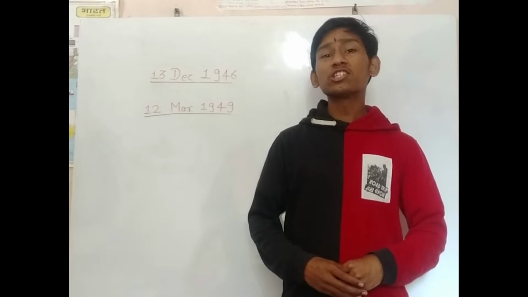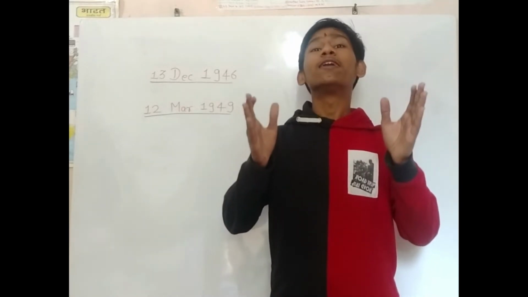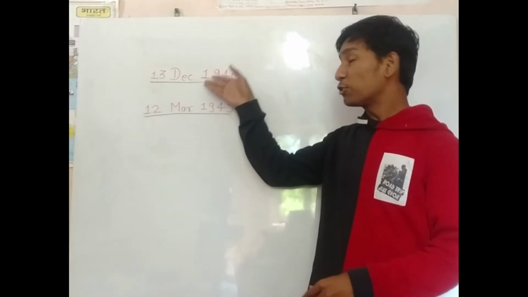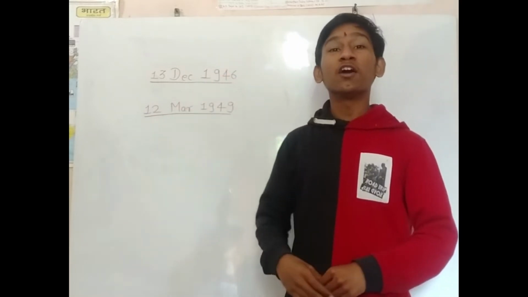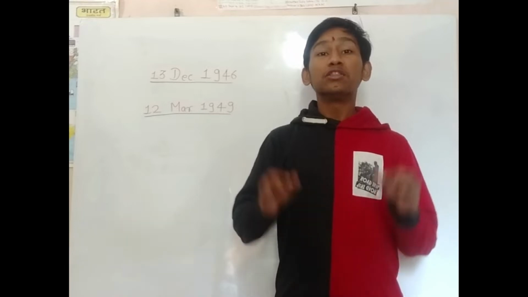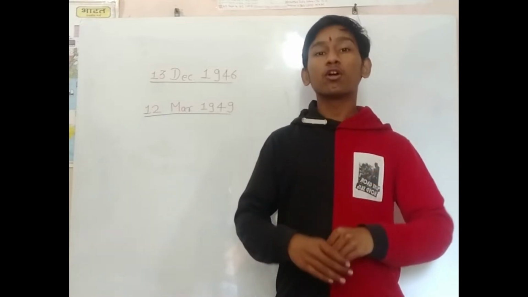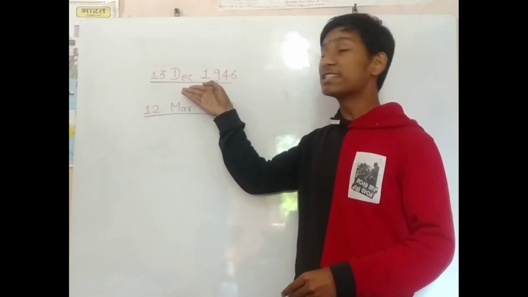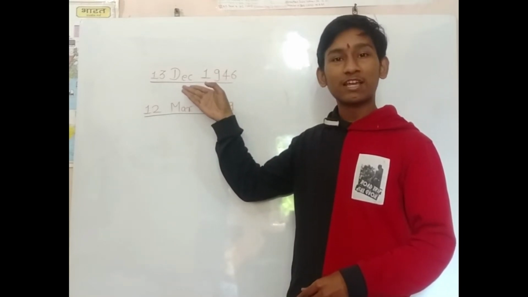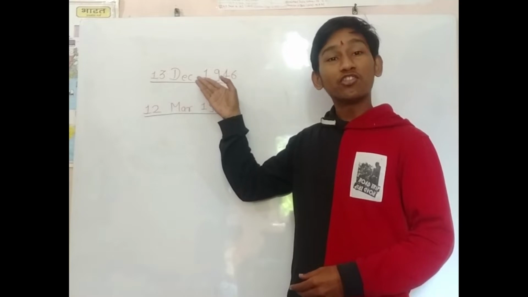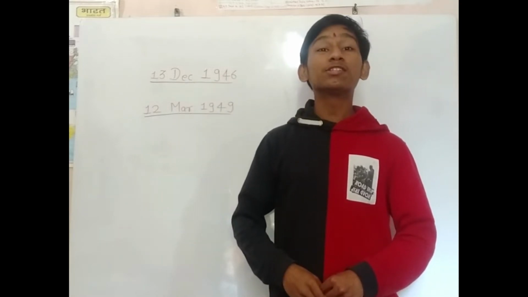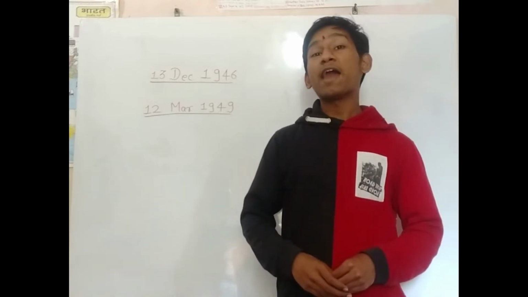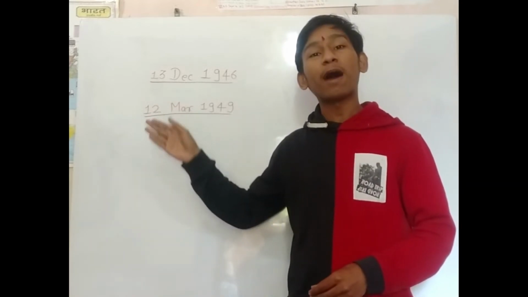So the first question arises: who drafted the preamble of the Indian Constitution? These two dates are very important for knowing the journey of the preamble. The first is 13th December 1946. What happened on this day? On this day, the first Prime Minister of our country, Pandit Jawaharlal Nehru, introduced an objective resolution in the Parliament.